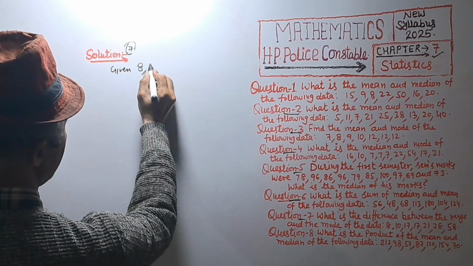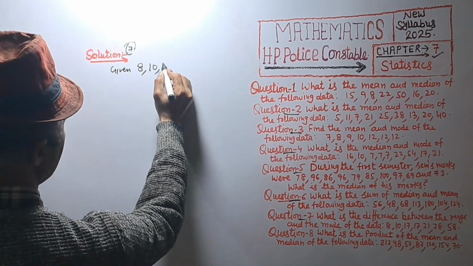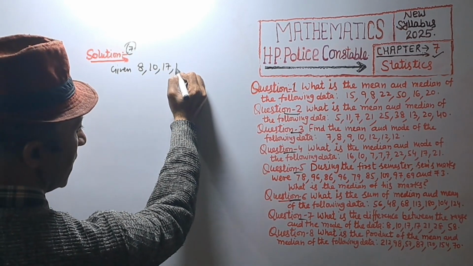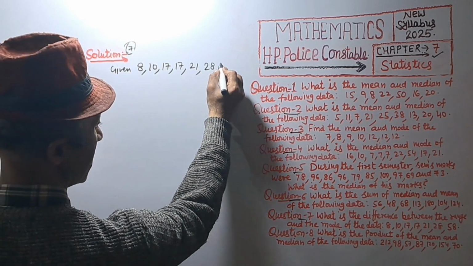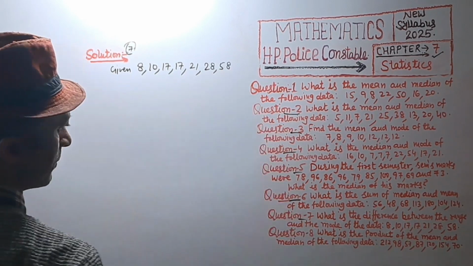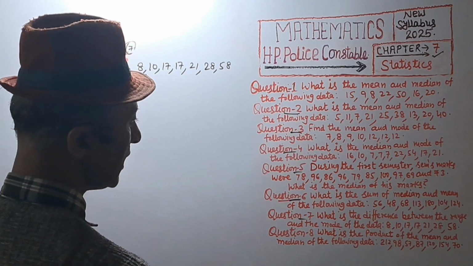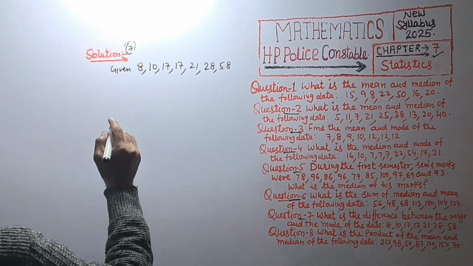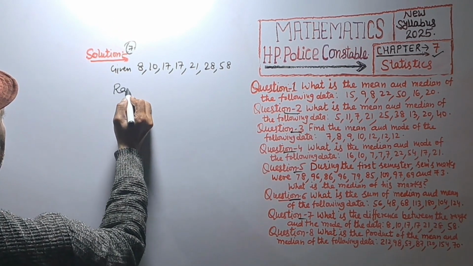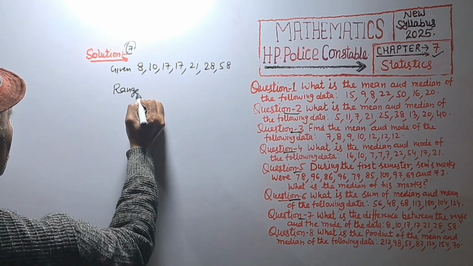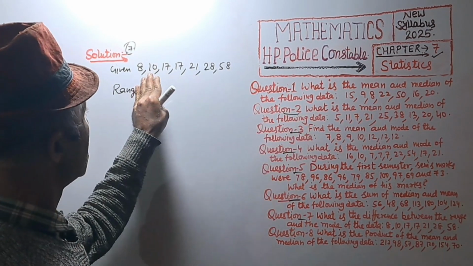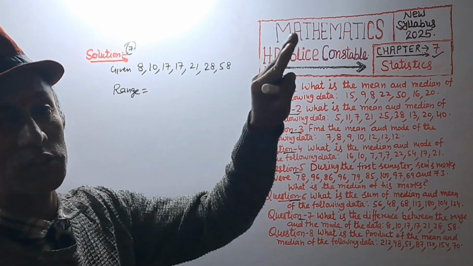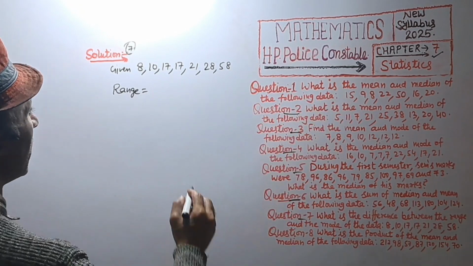Given 8, 10, 17, 17, 21, 28 and 58. We find the difference between range and mode. Range equal to highest number minus smallest number.